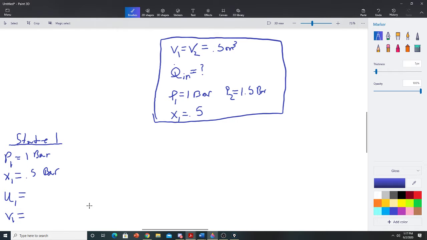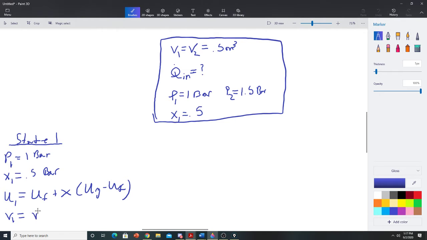Now, if you remember the equation that we talked about last time that had quality in it, it was the rewrite of the original quality equation, which looks like this: U_f plus x times (U_g minus U_f).